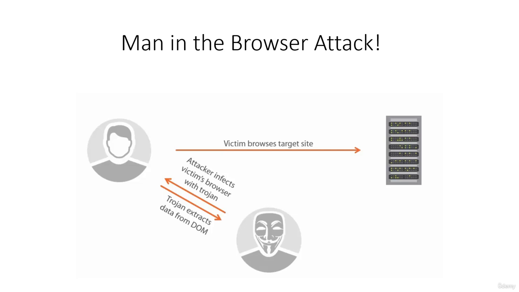So what that means is that when the victim browses the target site, the Trojan can extract data from the DOM. What would be found within the DOM of a browser? Clearly anything that is entered into the browser, for example credentials, and anything that persists in the browser, like cookies.